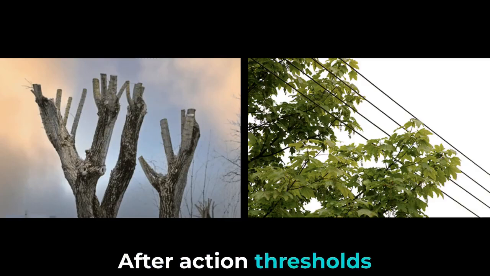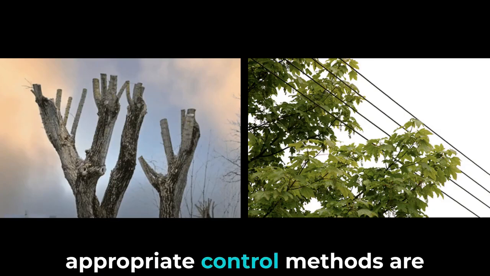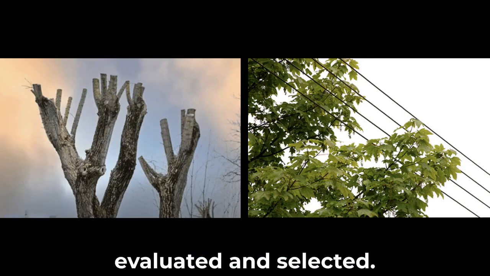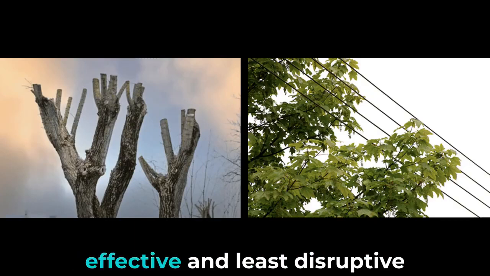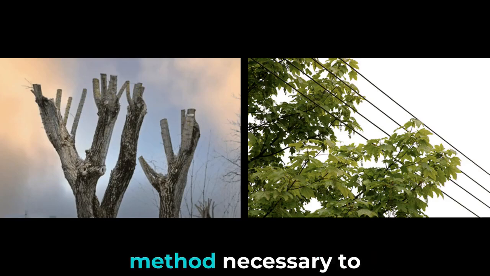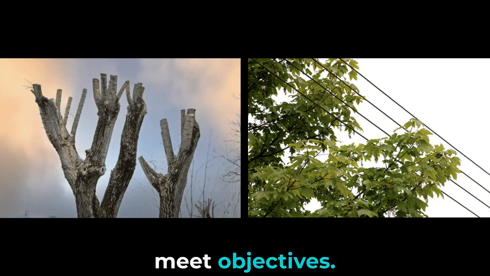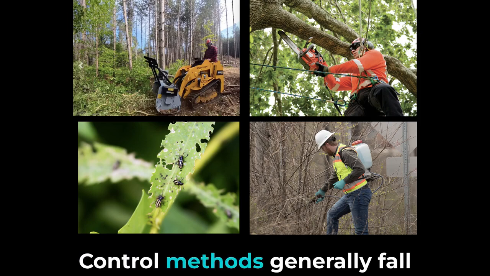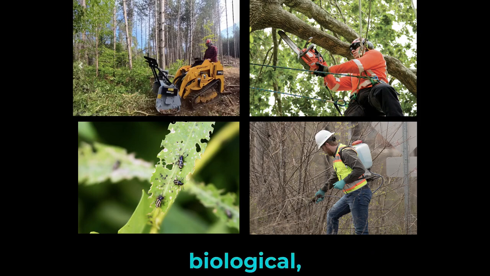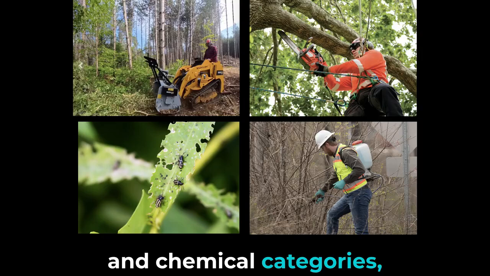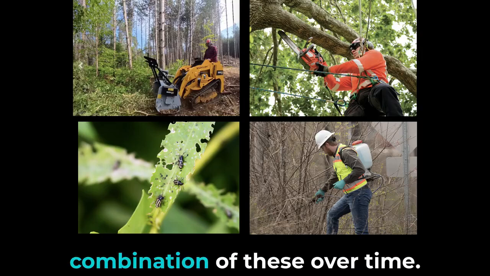After action thresholds are defined, appropriate control methods are evaluated and selected. IVM emphasizes using the most effective and least disruptive method necessary to meet objectives. Control methods generally fall into mechanical, manual, biological, and chemical categories, and many programs use a combination of these over time.